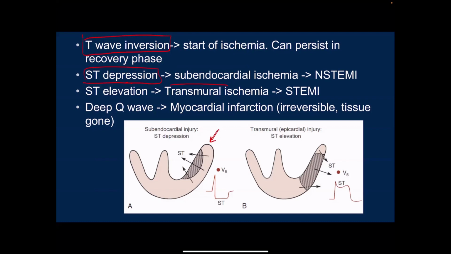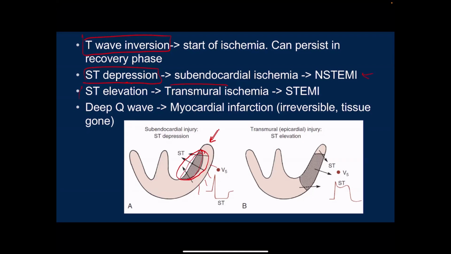Remember, when you have partial occlusion of a coronary artery, the first part that gets affected is the subendocardial tissue, which is the furthest away from the blood supply, because the blood supply is outside. The way subendocardial ischemia translates on an ECG paper is that it will give you an ST depression. Okay, this is an NSTEMI.